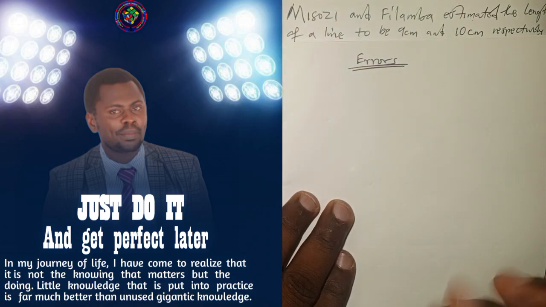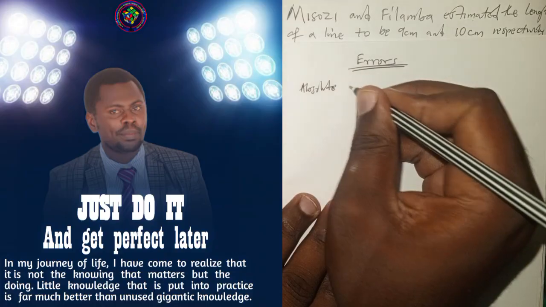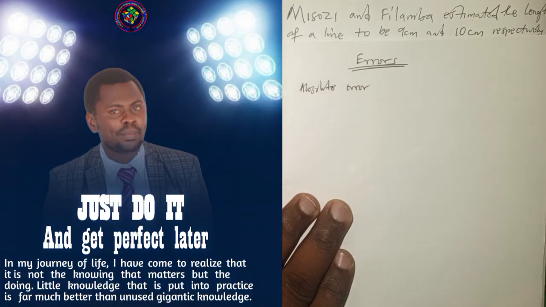And the first thing we'll discuss is absolute error. So what is absolute error? Absolute error is just the absolute difference between true value and recorded value or estimated value.